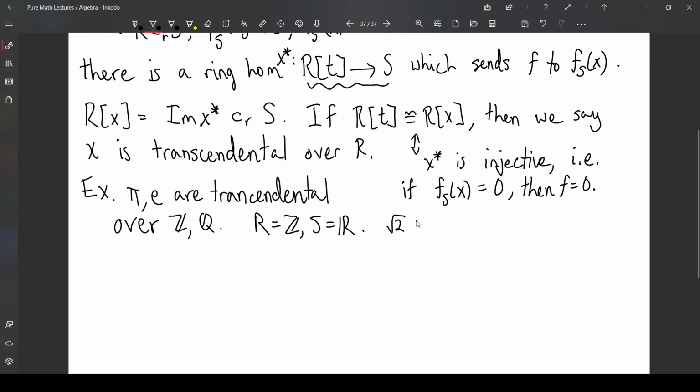So the element square root of 2 is in S, but not in R. So square root of 2 is in the real numbers, but not in Z.